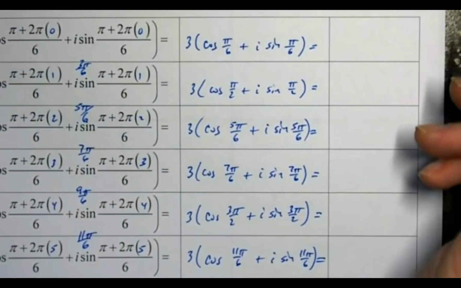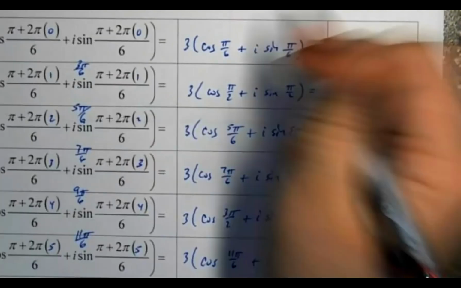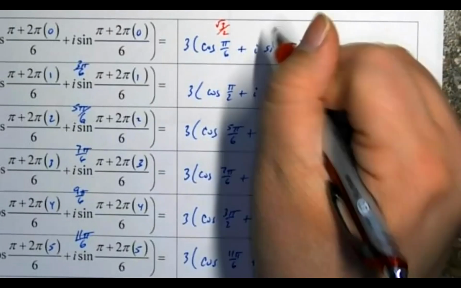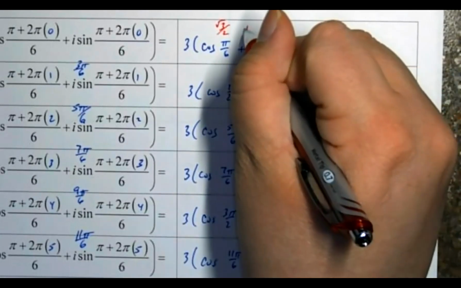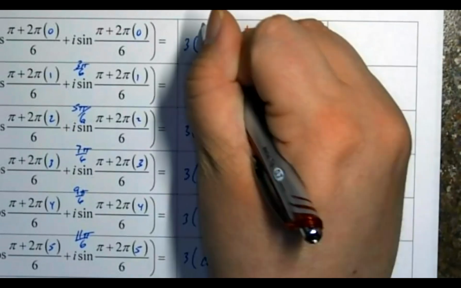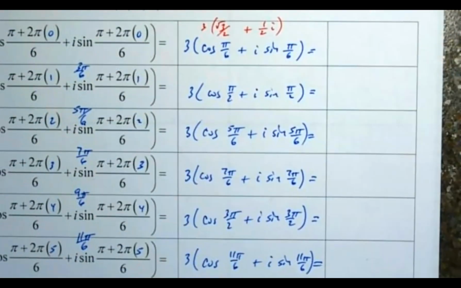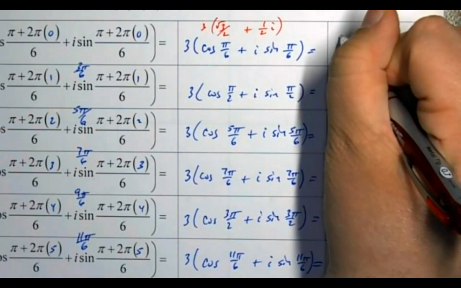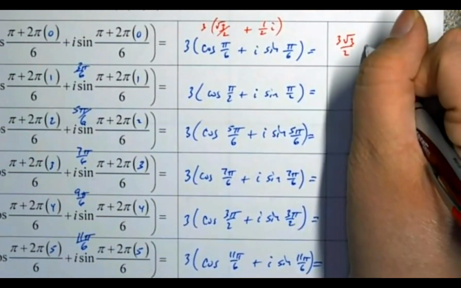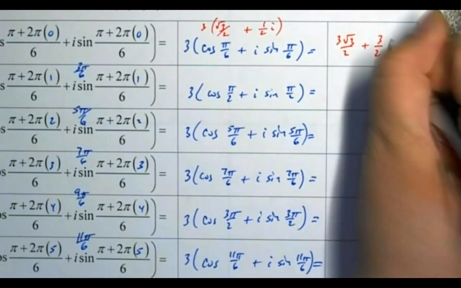So the cosine of pi over 6 is square root of 3 over 2, and the sine of pi over 6 is a positive 1/2 i. So what I'm doing is I'm going to distribute the 3 to that. And I get 3 square root 3 over 2 plus 3/2 i.